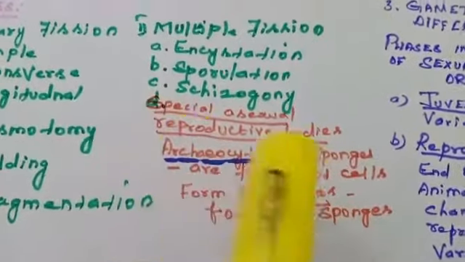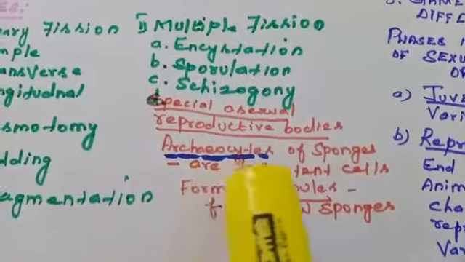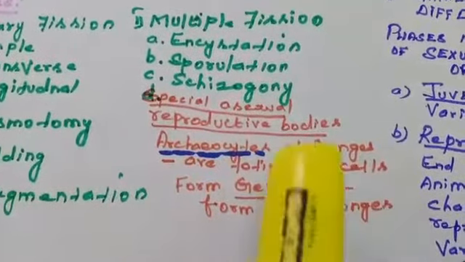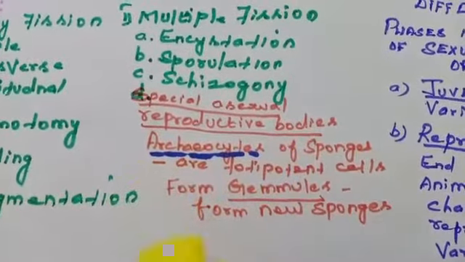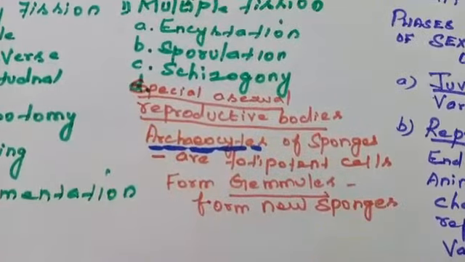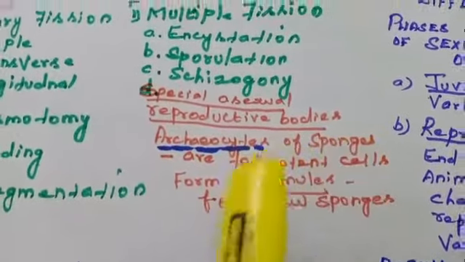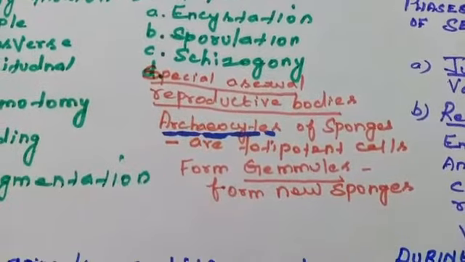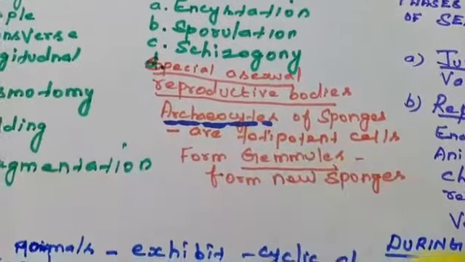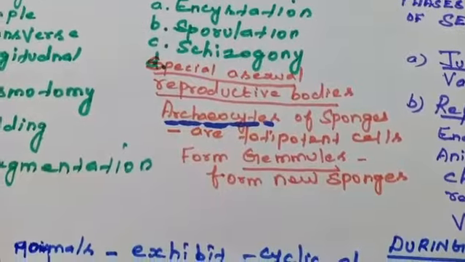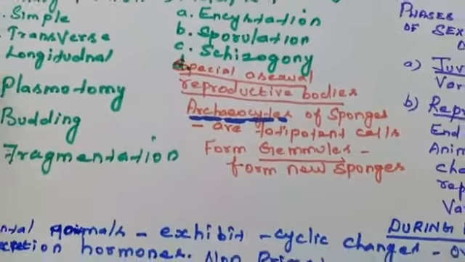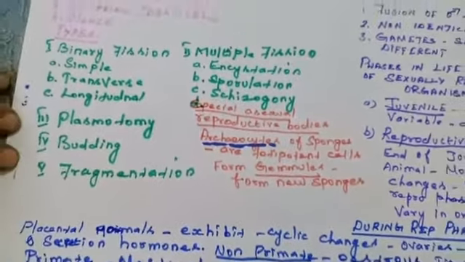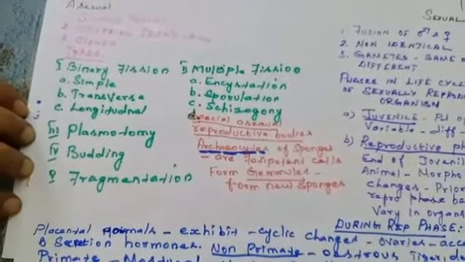Special asexual reproductive bodies. The example is sponges. Sponges possess a special type of cells called archaeocytes, which are totipotent. Totipotent cells, you would have learned in your 12th standard, are cells which have the inherent ability to develop into a new individual.